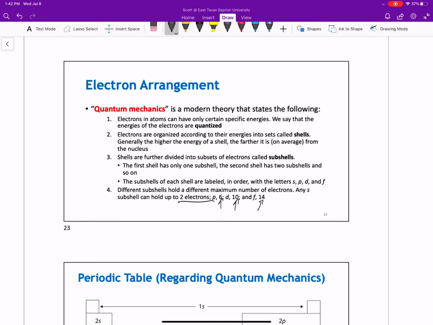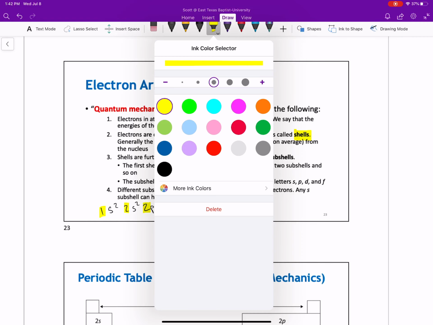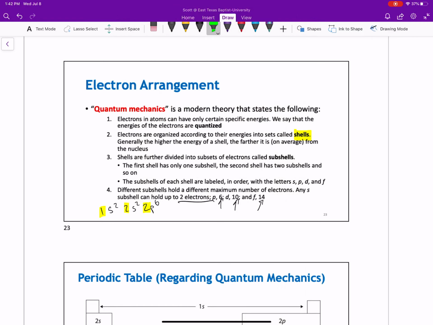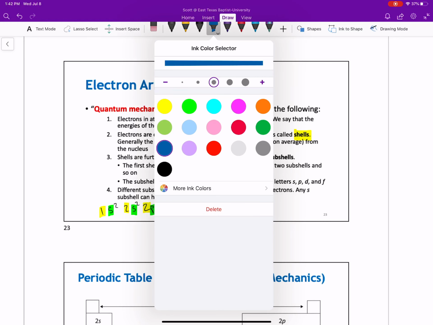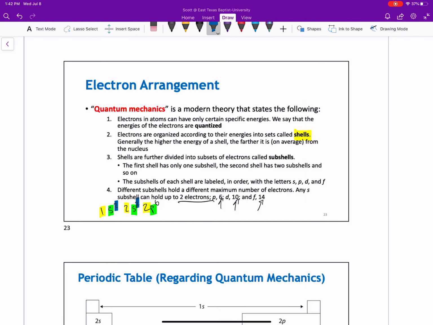And so what you're going to see is things like this: 1s2, 2s2, 2p6, and things like that. Just to highlight what these things are, these numbers right there are the shells. So shell 1, and then a subshell of that is indicated right here with the S and the P. And then these numbers right here indicate how many electrons are in each subshell.